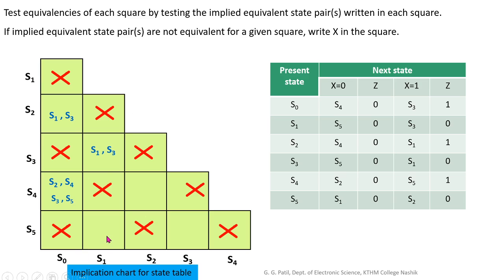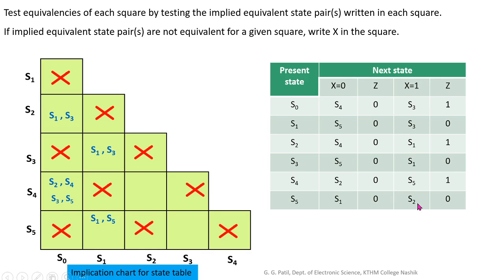Okay, the next pair is S1 S5. So let us check S1 S5. The next states under x equals 0 are S5 and S1. So enter S1 and S5 here, and under input x equals 1, it is S2 and S3.